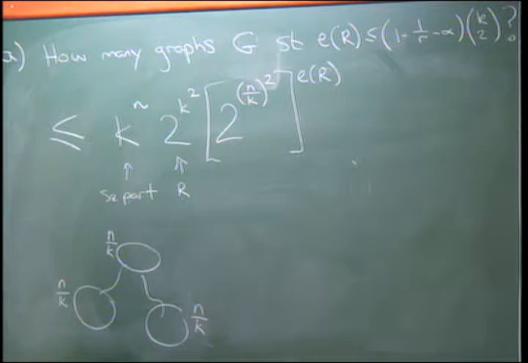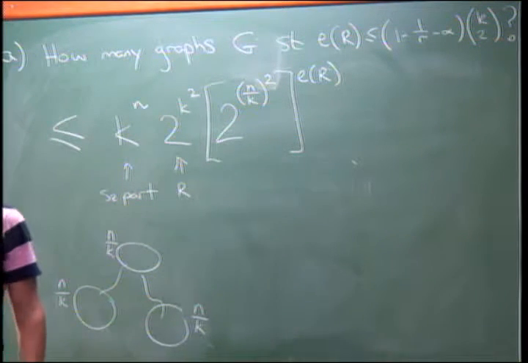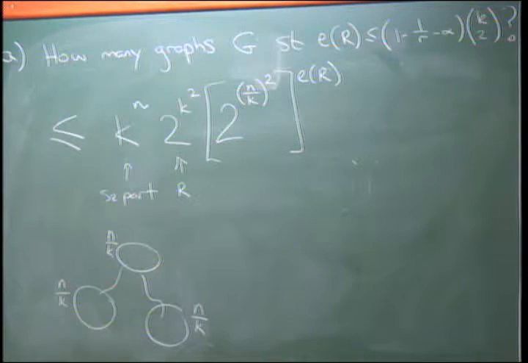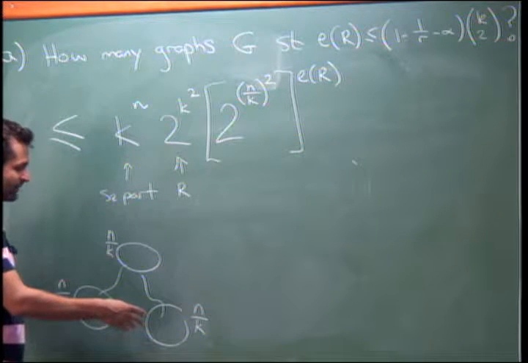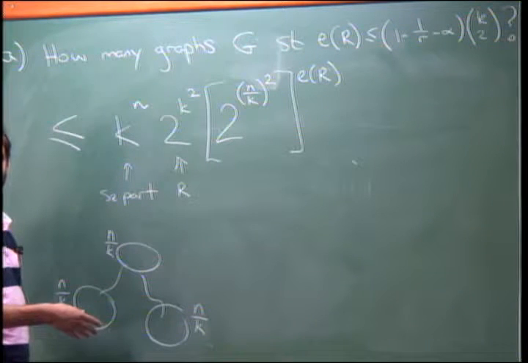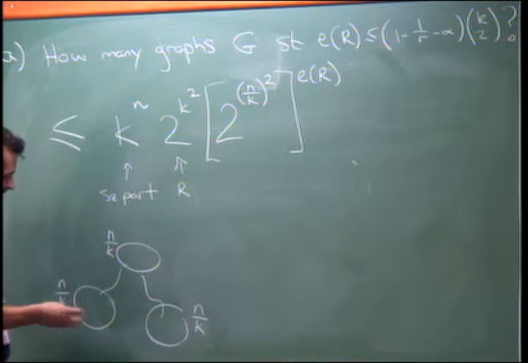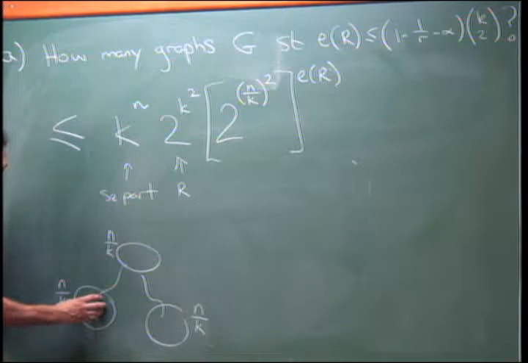And then finally, we choose the rest of the edges of the graph G. But remember, there aren't that many of them, or there aren't that many choices. There are the non-regular pairs. There are the sparse pairs, and they're the edges inside parts.